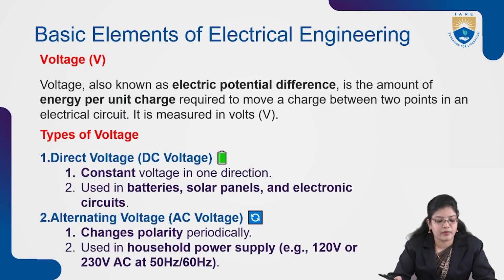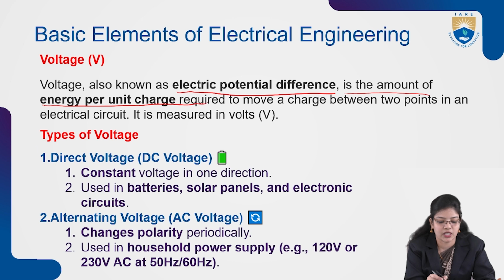In the active elements, the next one is voltage. Voltage is nothing but the potential difference between 2 points. The definition of the voltage can be written as: voltage, also known as electric potential difference, is the amount of energy per unit charge required to move a charge between 2 points in an electric circuit.